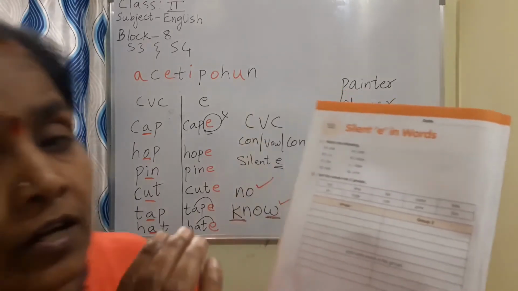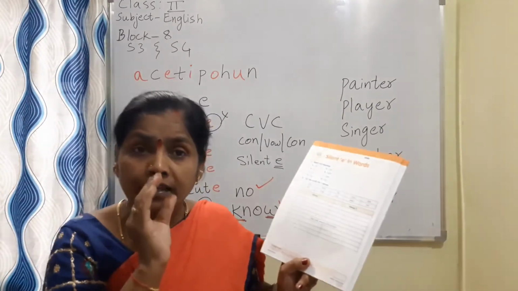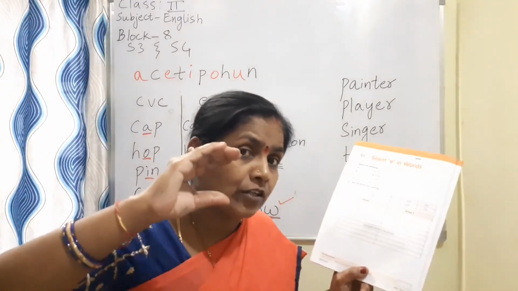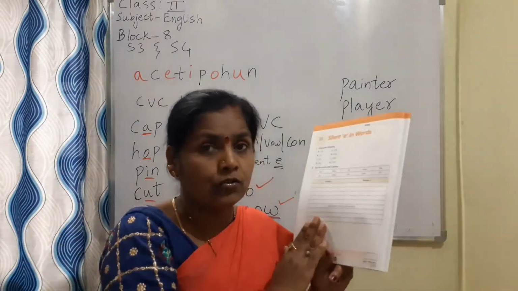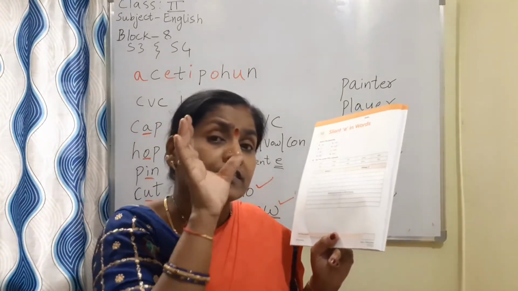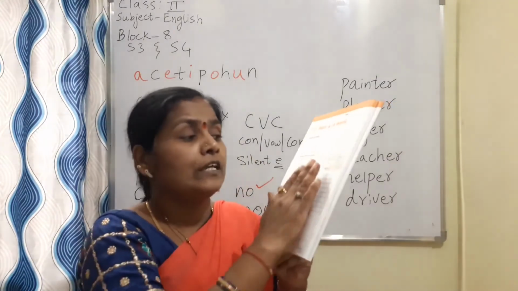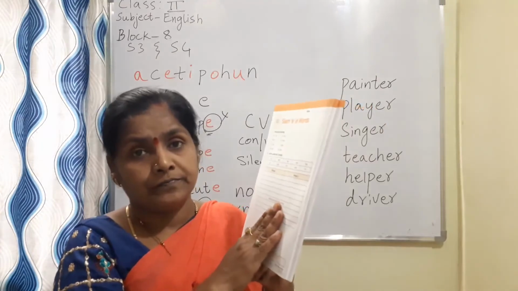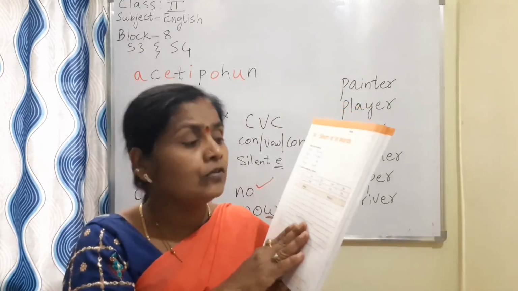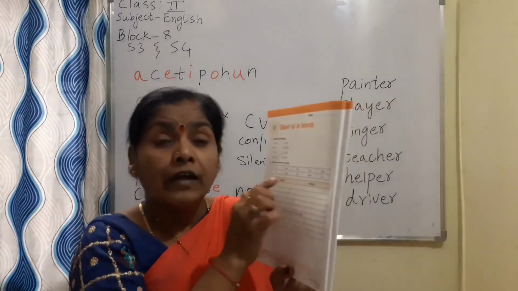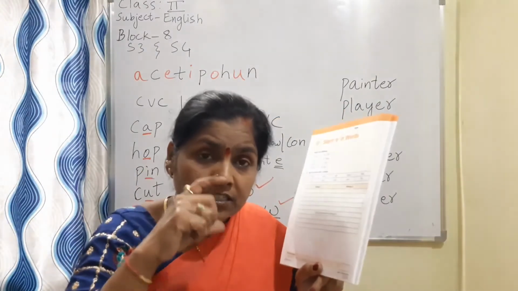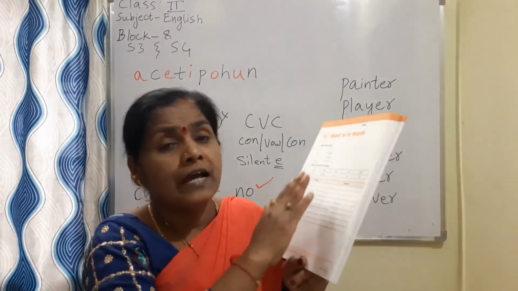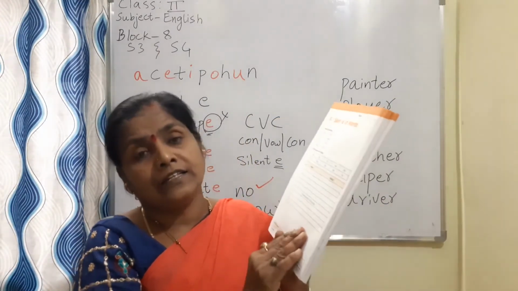Words which are rhyming together, that set of words you keep in one group. Another set of rhyming words you keep in another group. Do all of you understand? Very simple. Rhyming words with the same pronunciation in one group, another set of rhyming words in another group.